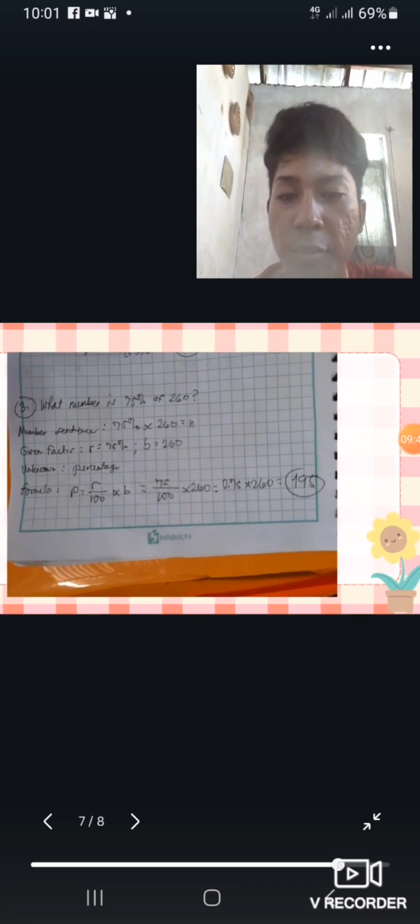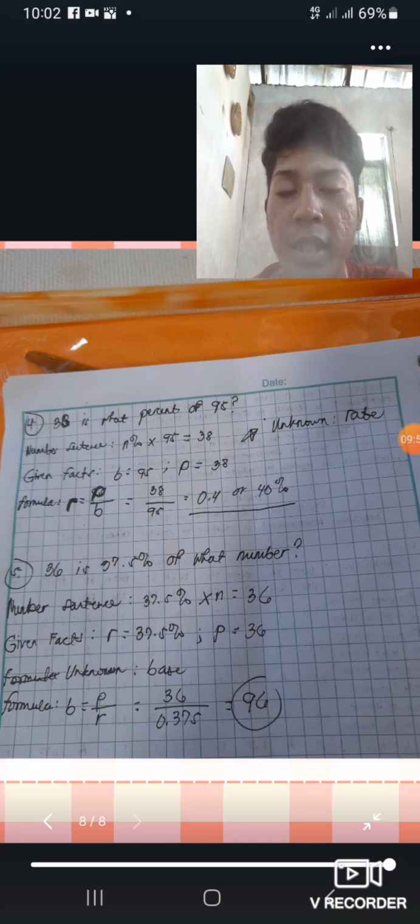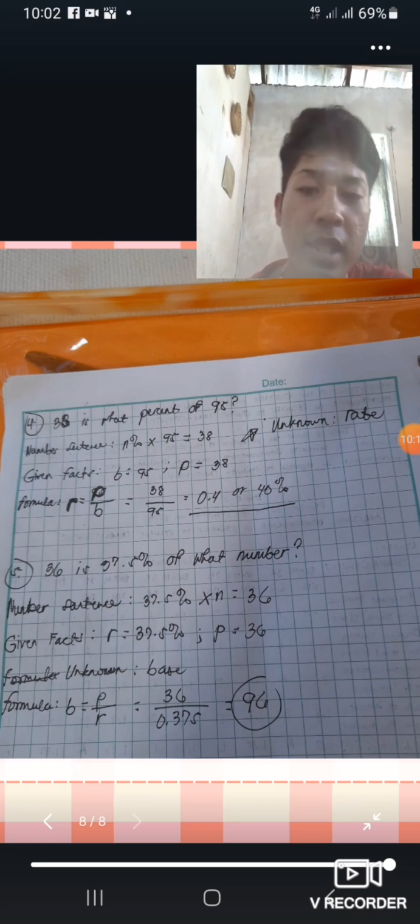If you are correct, that's good. And then we are going to the next. Wait a minute guys, 38 is what percent of 95? Let's translate into a number sentence: n percent times 95 equals 38. The unknown is the rate. Given facts: base equals 95 and the percentage equals 38.